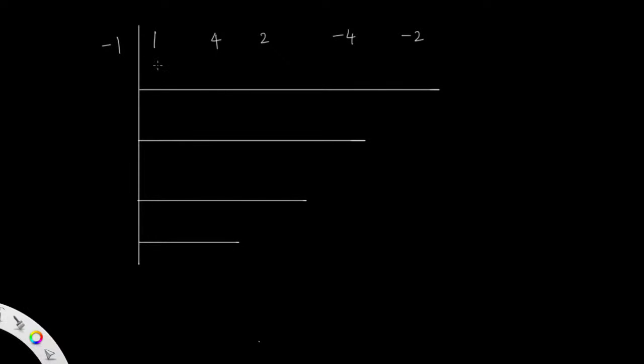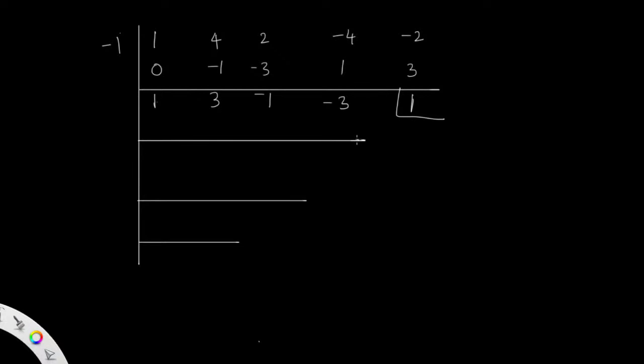First, always keep 0, then add this 1, and multiply with minus 1, then add: 4 minus 1 is 3, 3 into minus 1 is minus 3, 2 minus 3 is minus 1, minus 1 into minus 1 is 1, minus 4 plus 1 is minus 3, minus 3 into minus 1 becomes 3. So the remainder is 1.